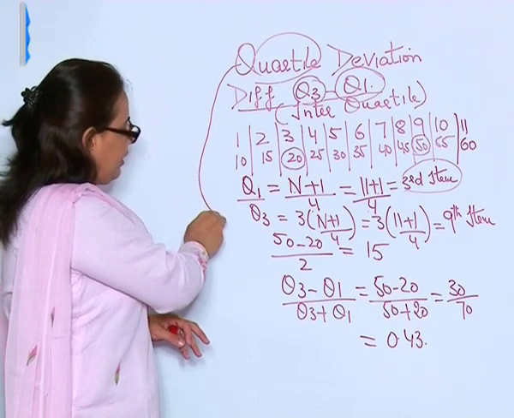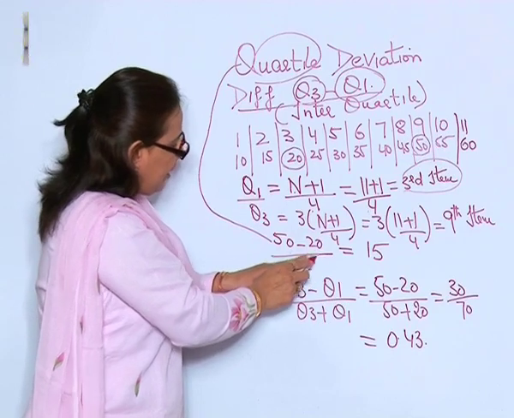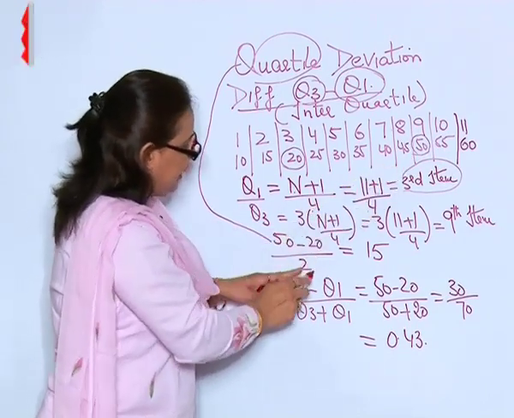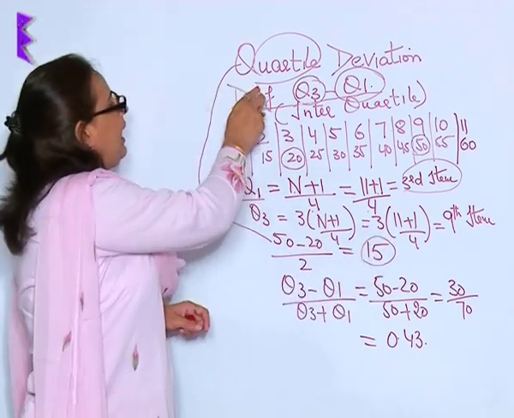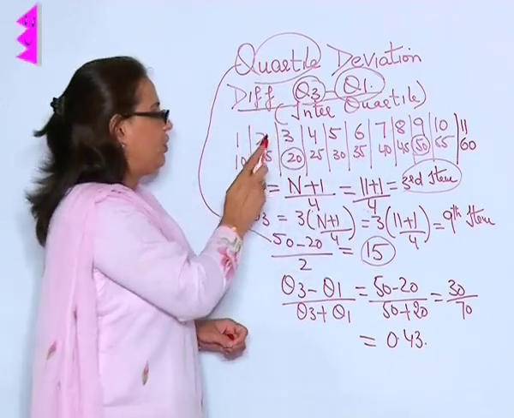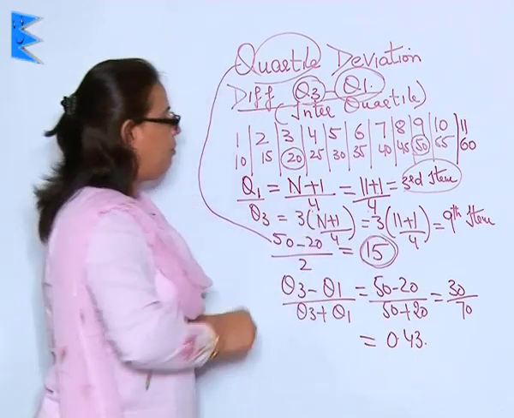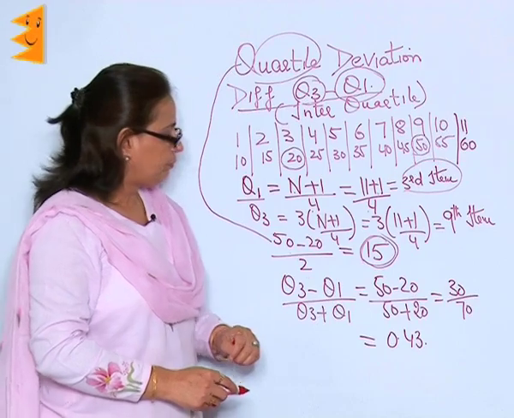The quartile deviation here will be simple, Q3 minus Q1 upon 2, which means 50 minus 20 upon 2, which is 15. So, the quartile deviation of the series comprising 11 observations from 10 to 60 is 15, by taking up the formula of Q3 minus Q1 upon 2.